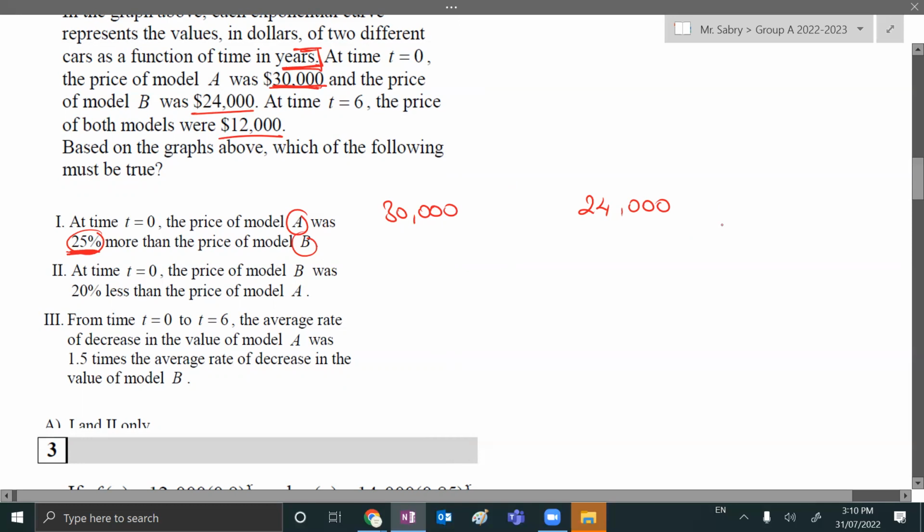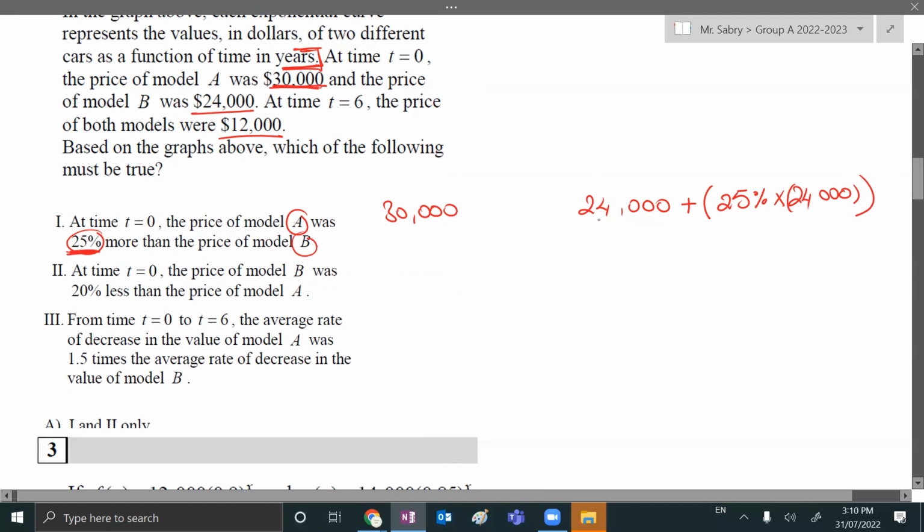Now there are a few ways to know this. You can do something like this. You can put 24,000 and then plus, open a bracket, put 25% and multiply it again by the 24,000. What did I just do? It says model A is bigger than model B by 25%.